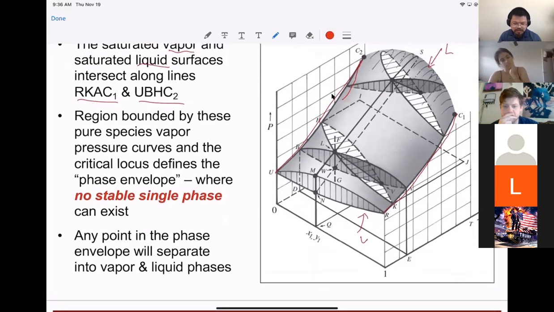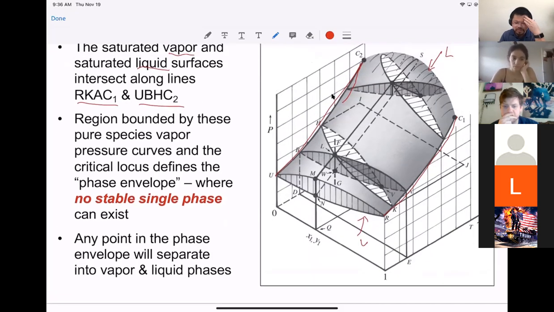And then the other note says a region bounded by these pure species vapor pressure curves and the critical locus defines the phase envelope. So the whole shaded part over there would be the phase envelope, right? Anywhere over here, we are going to have liquid-vapor mixtures.